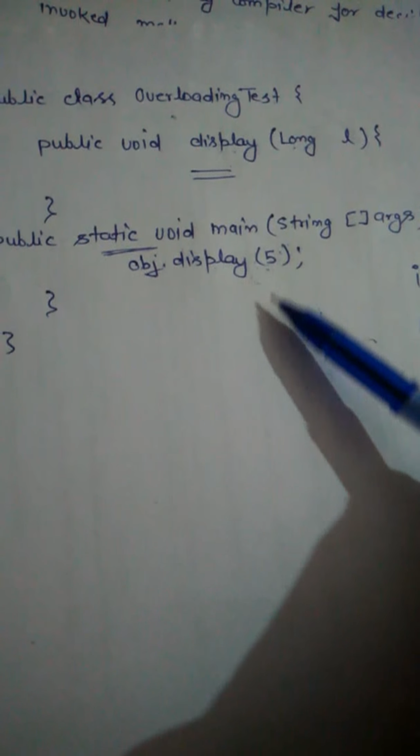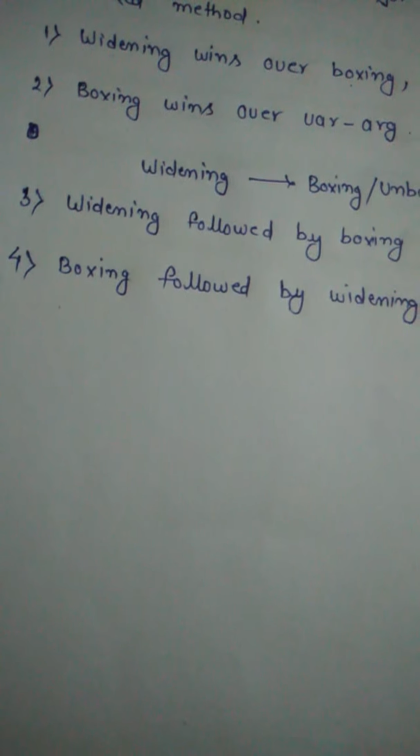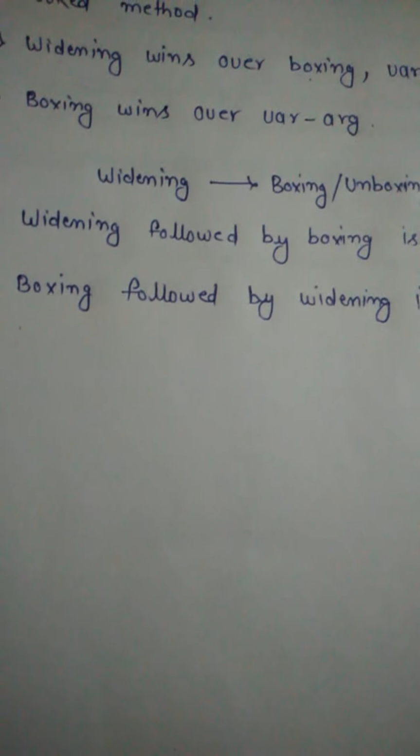So the first rule comes into view when the compiler doesn't find the exact match for the passed primitive integer. In this case, three things can be done: widening, boxing, and variable arguments.